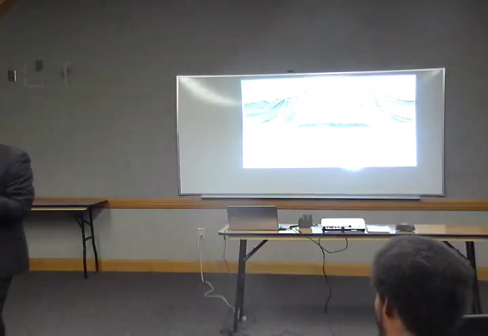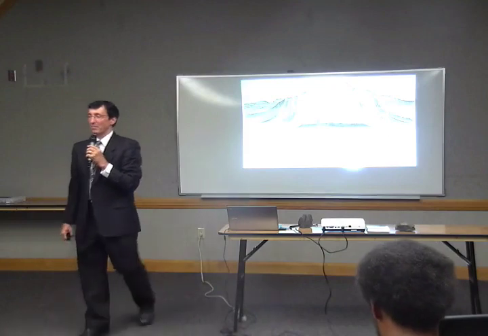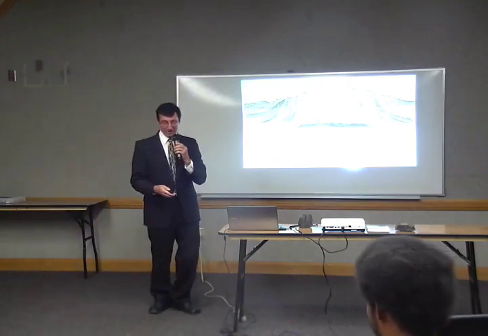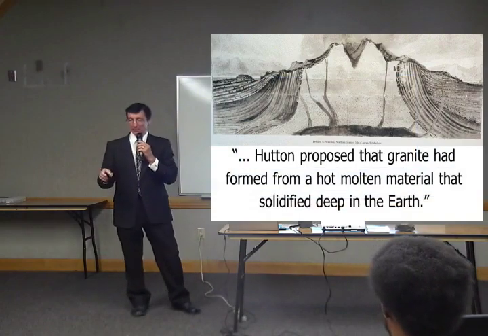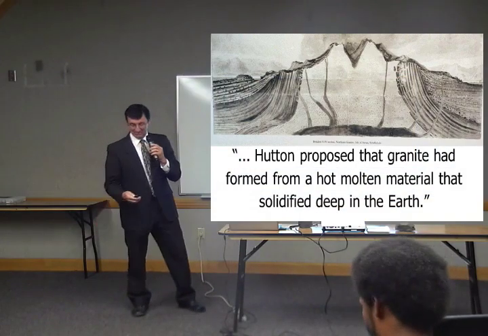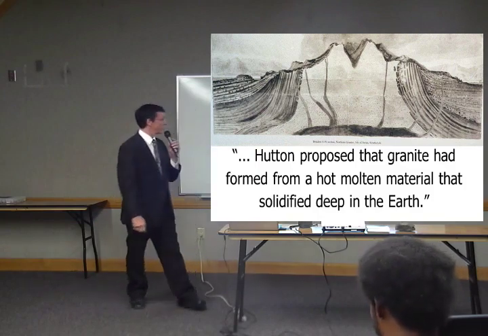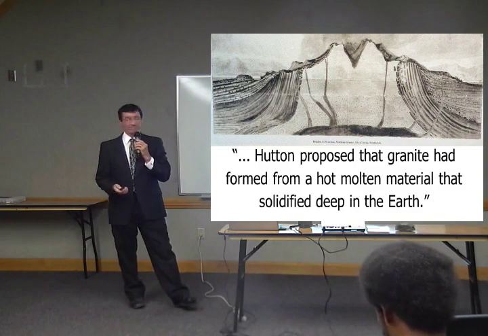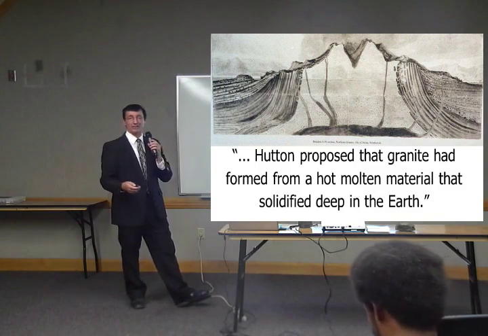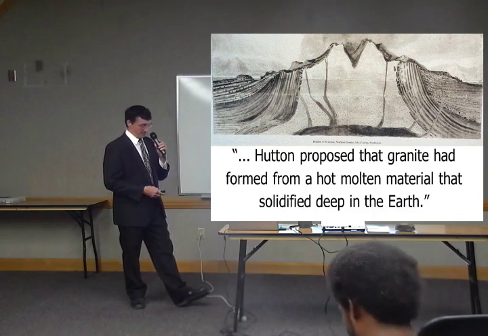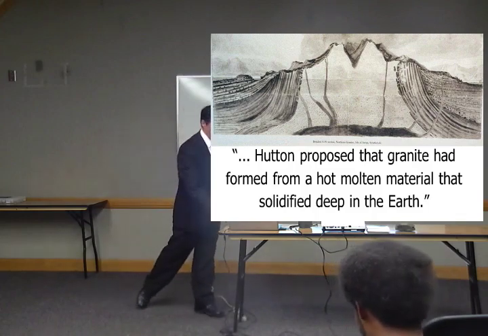Anyway, mind blank. But it's made up of three crystal minerals, and they couldn't have formed from a melt, right? We've shown other rocks that have been melted and it turns to a glass. But that was his idea.